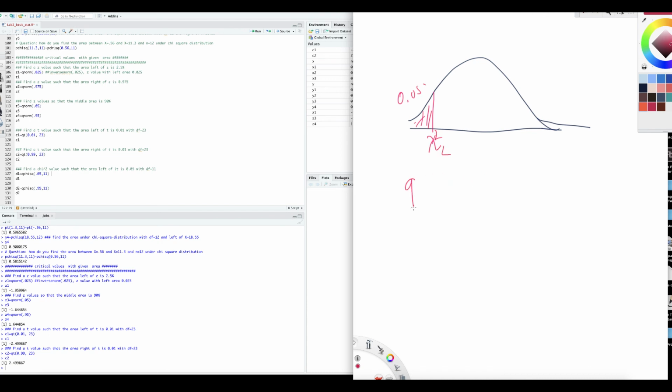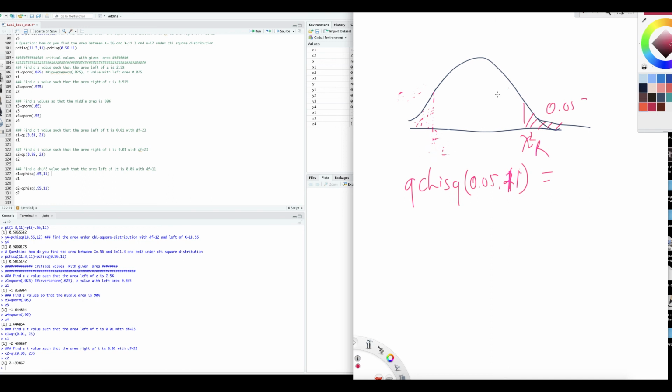What you do is qchisq with left area 0.05 and degrees of freedom 11. That's what you do. And if only the right area 0.05 is given, and the left area is not given, how do you find the chi-square right? You need to enter the left area.